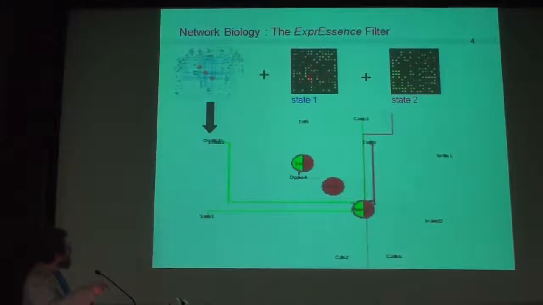I have this for two cell states, and then I combine those data, and I get very few interactions highlighted in this network based on what has been described as changing when comparing state 1 and state 2. So the idea is take the network, take a description of one cell state and another, and then you find out that, for example, an interaction is going up from one state to the next.